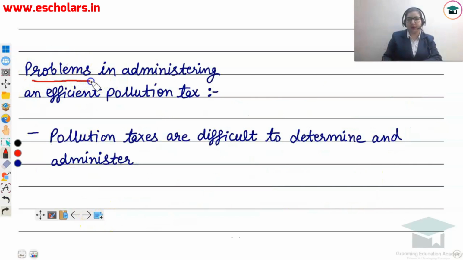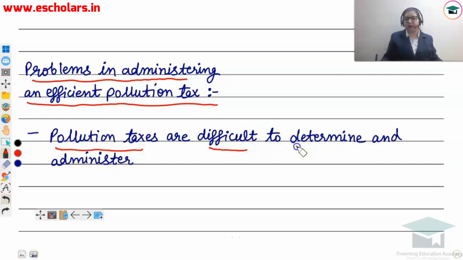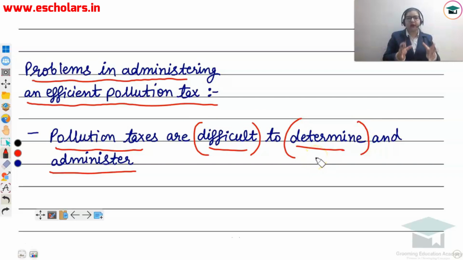Students, there are certain problems in administering an efficient pollution tax. Why is it so? Because pollution taxes are difficult to determine and administer. Basically, pollution taxes are difficult to determine. It means that it is very difficult to set the amount of pollution taxes to be charged from the firms.